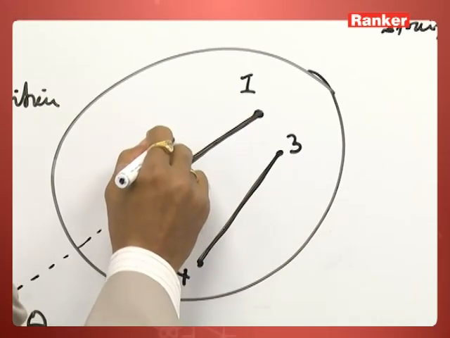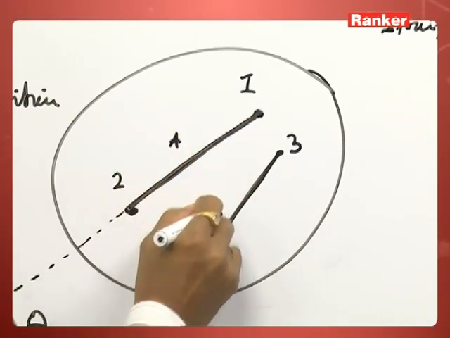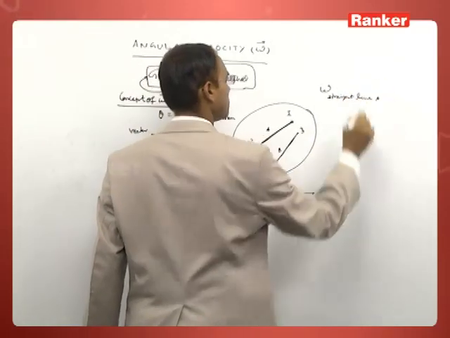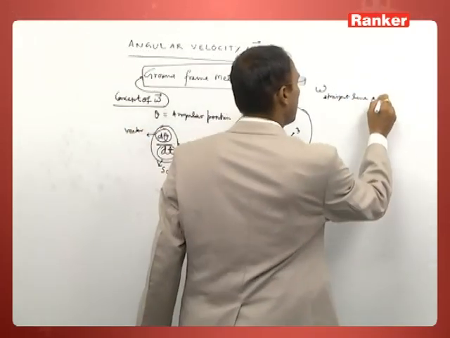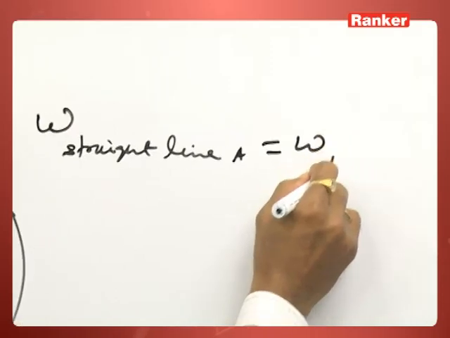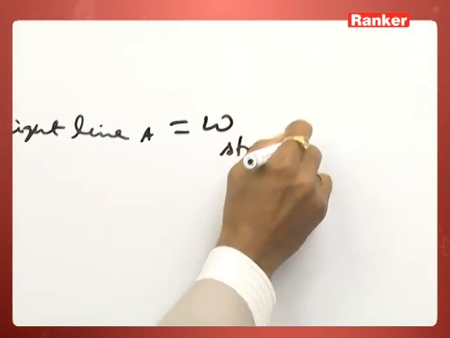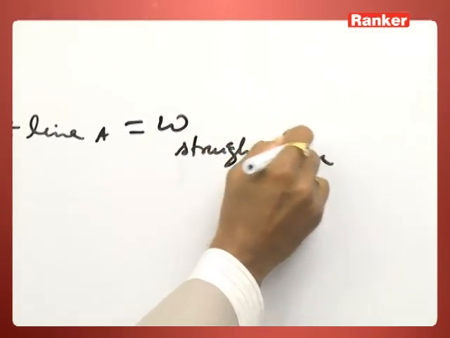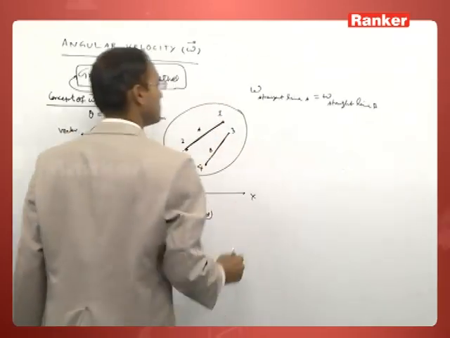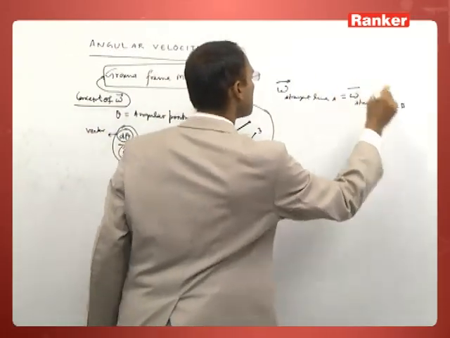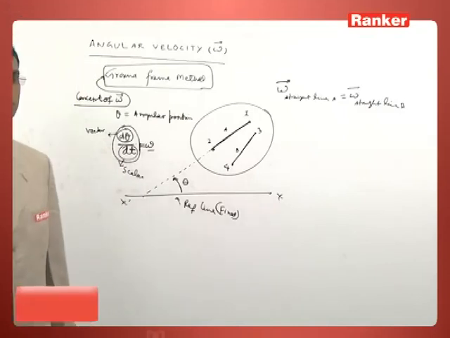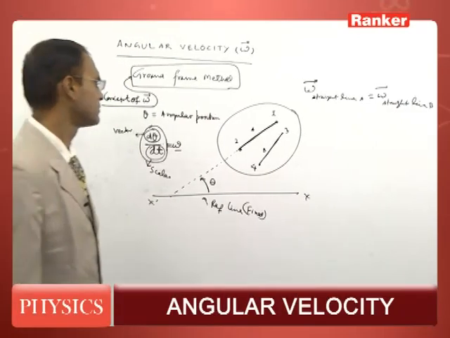Angular velocity of the straight line A and angular velocity of the straight line B. These two angular velocities are equal.